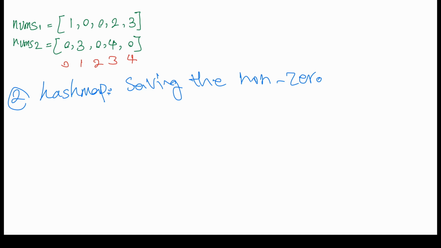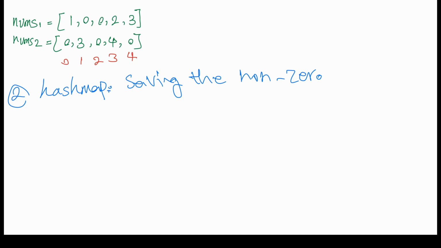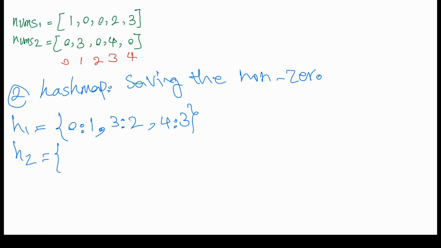For example, for h1 we use the index as the key and the value as the value. h1 at index 0 is 1, at index 3 is 2, and at index 4 is 3. For h2, at index 1 we have 3, at index 3 we have 4, and we don't have anything else.